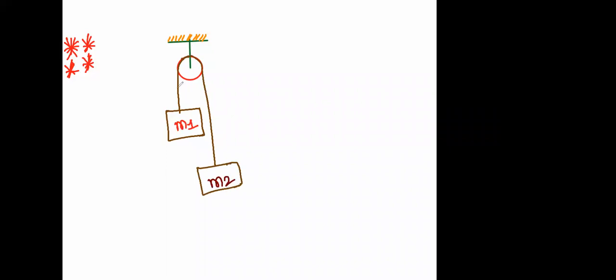Then in this acceleration, tension will be there. Tension in the first block is due to the second block of mass M2, and the tension in the second block is due to the first block of mass M1. As M1 and M2 are connected with the same string, the tension will be the same in both of them.